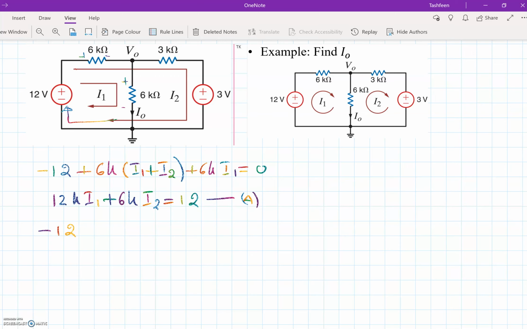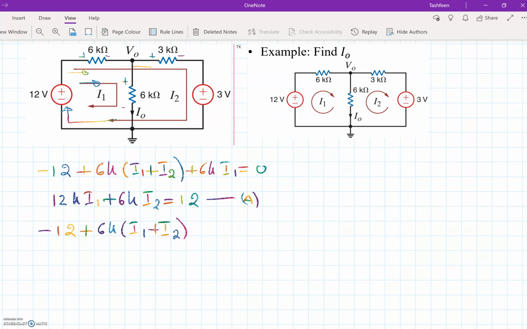Then I can also put the passive signs on these ones, and then I can say plus, remember this current is going through this resistor as well as the I1, so both of them will have contribution in developing voltage or dropping voltage across it. So I will write 6k, and inside I'll write I1 plus I2, exactly the same way as I did in the first equation, because both the currents are in the same direction, so that's okay.